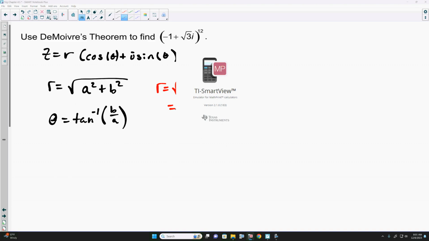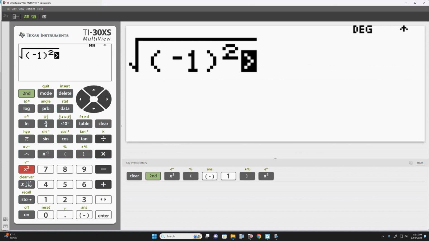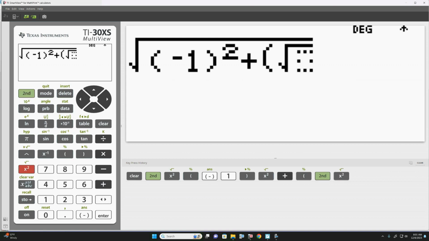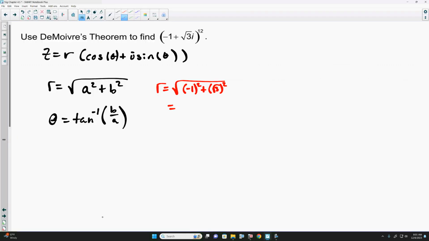Negative 1 squared plus square root of 3 squared gives us 2. So the value of r in our case is 2.